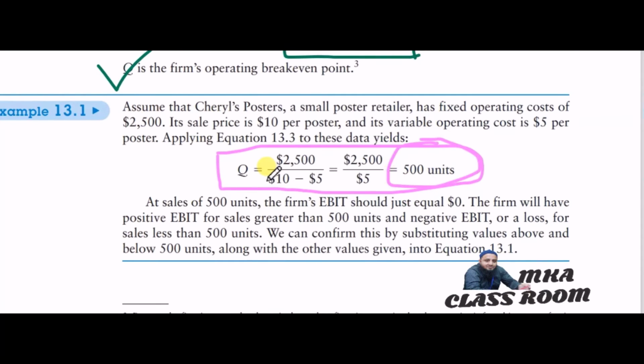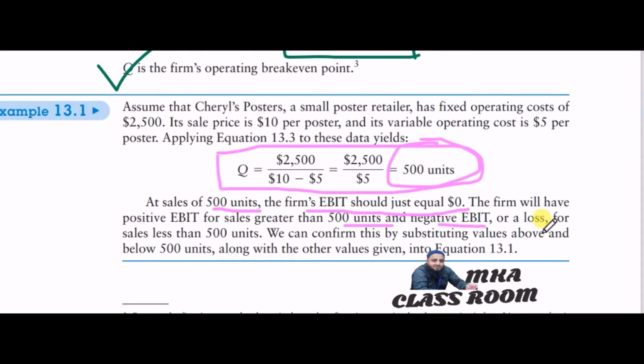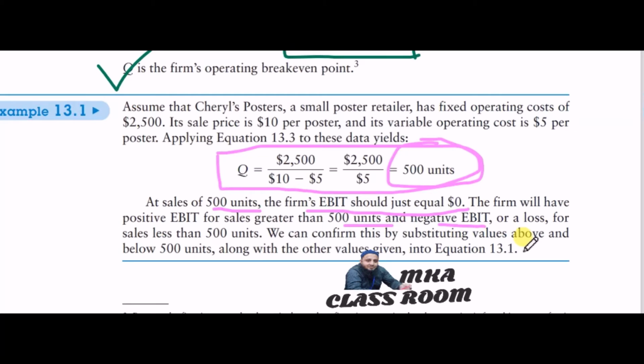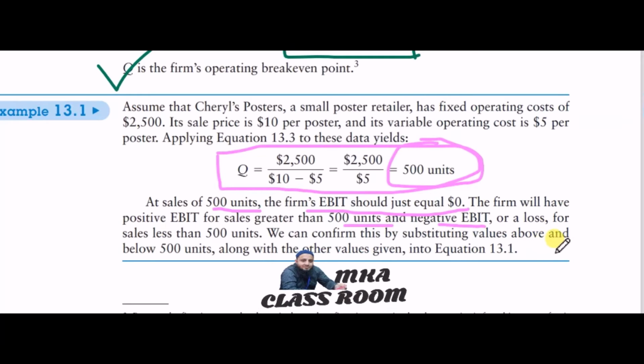At sales of 500 units, the firm's EBIT just equals 0. The firm will have a positive EBIT for sales greater than 500 units and a negative EBIT for sales less than 500 units.